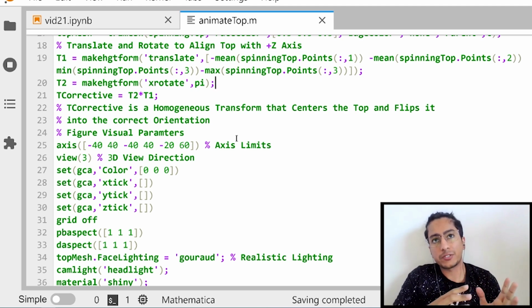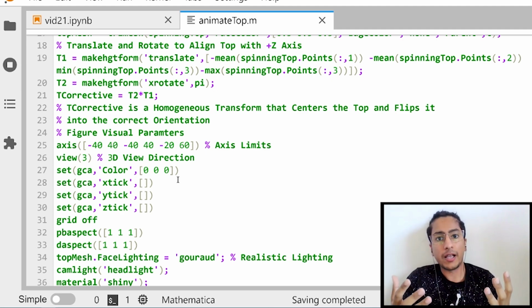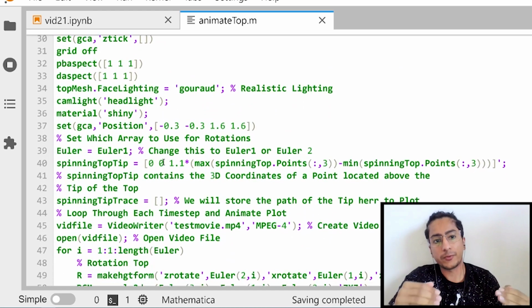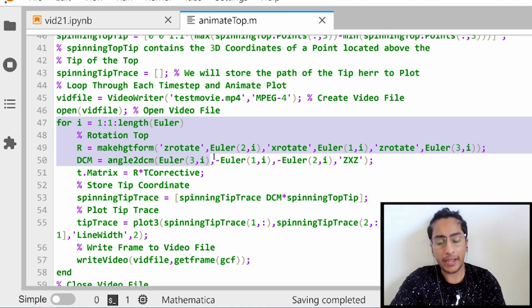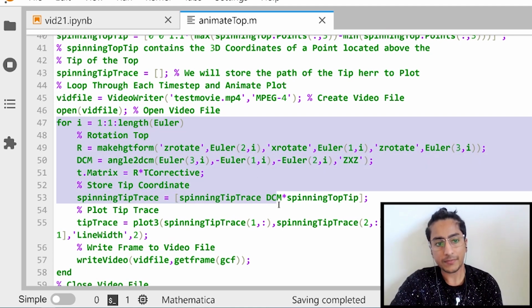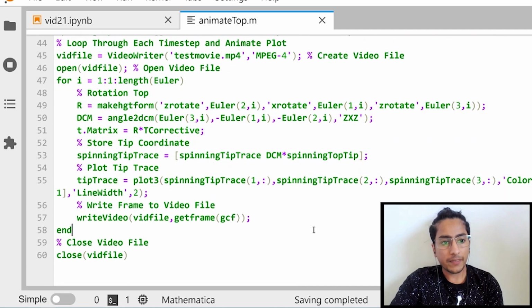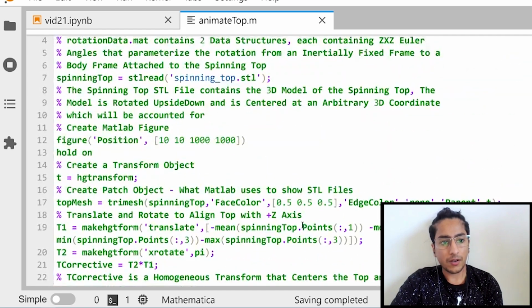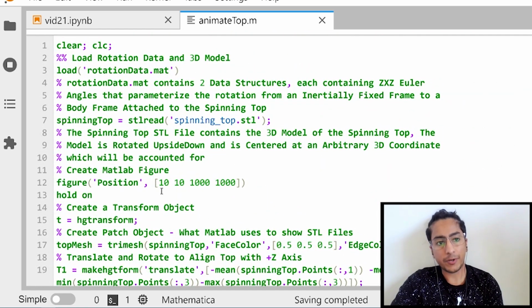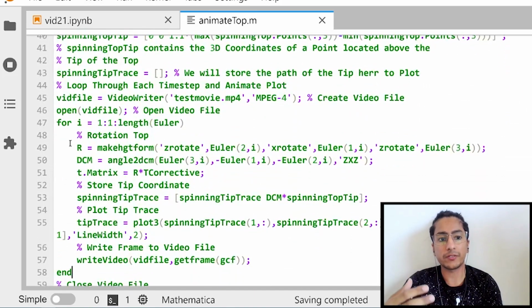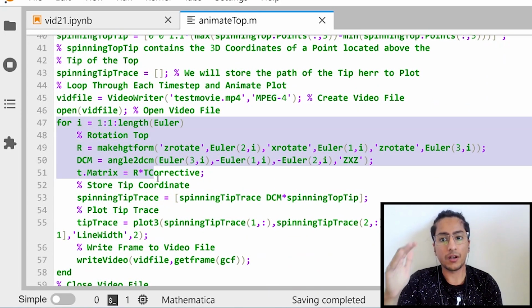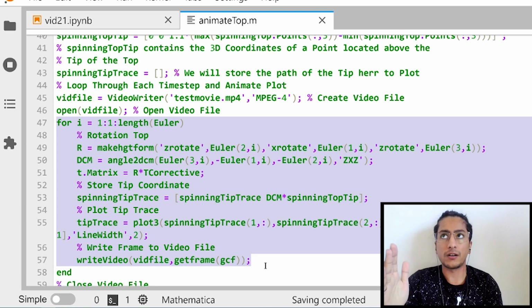And then we regenerate the plot at every single time step, like we're running through a for loop, iterating through the different angles with respect to time. After importing the STL file, the main part of the code, which is lines 47 through 58, is where we're generating those homogeneous transforms through every single column of the Euler angle history.